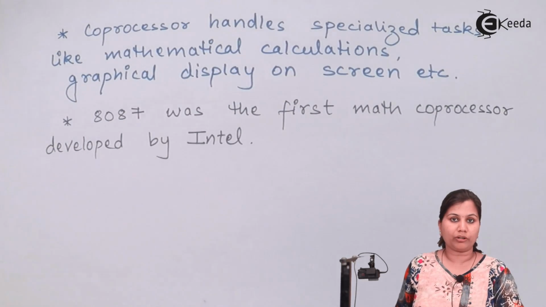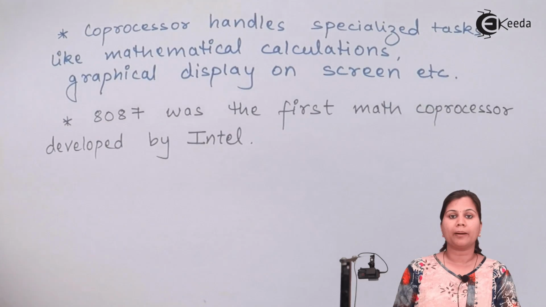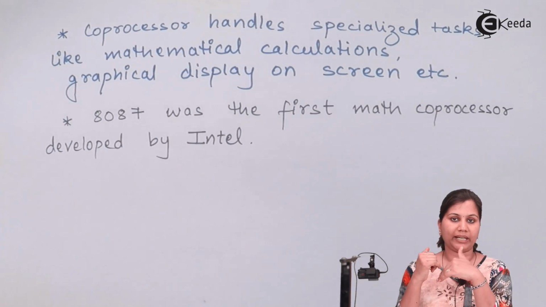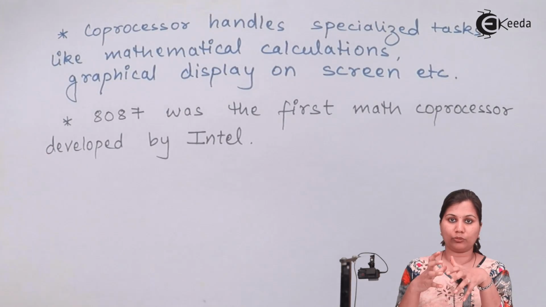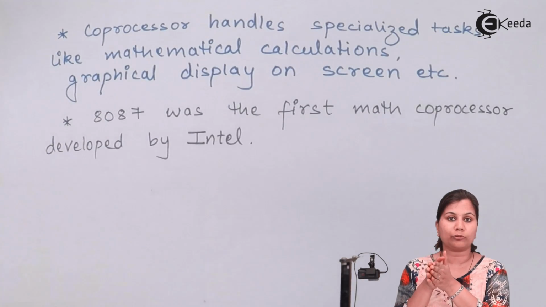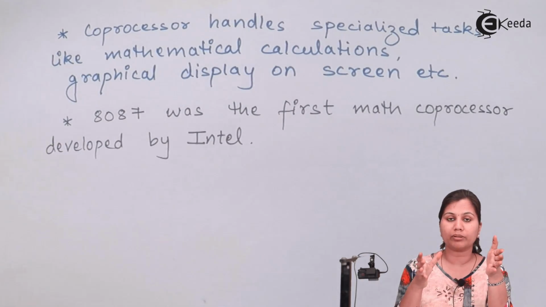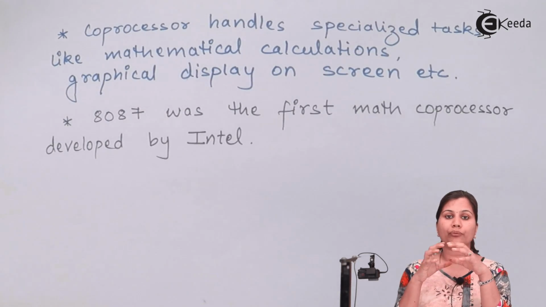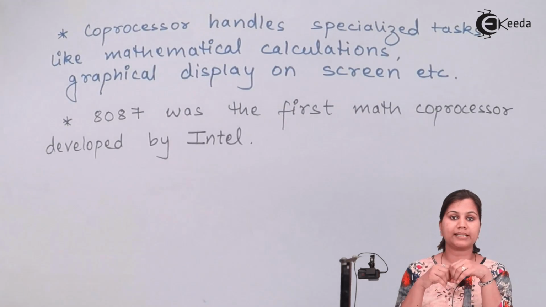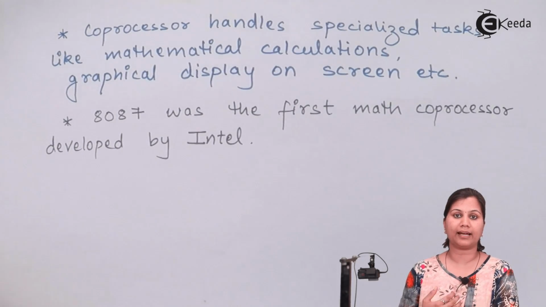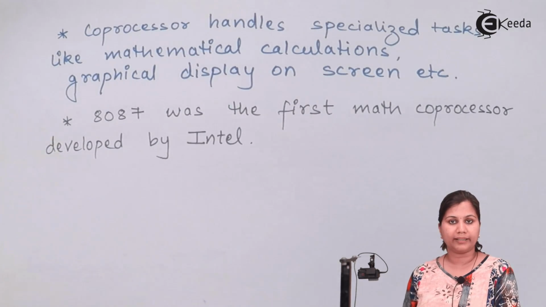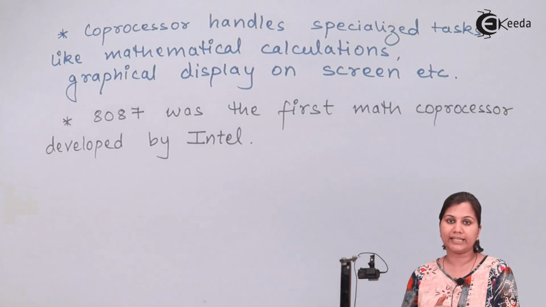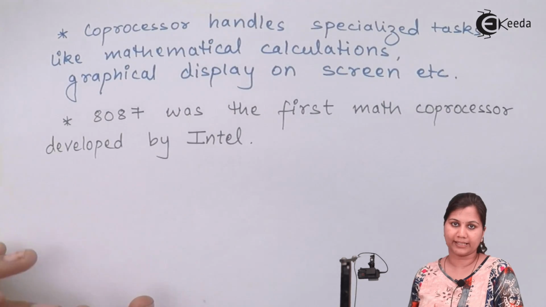Why was there a need for the development of the 8087? Because the 8086 and 8088 family microprocessors were not able to perform high speed calculations and those mathematical calculations which involve very large numbers or very small numbers. So to do calculations on these numbers and give fast results, the 8087 math coprocessor was developed, so that all the floating point calculations are done by the 8087.